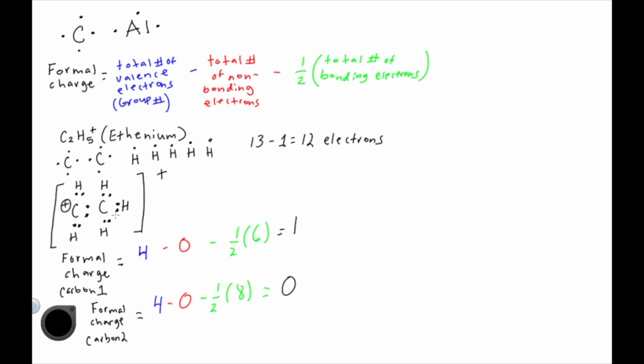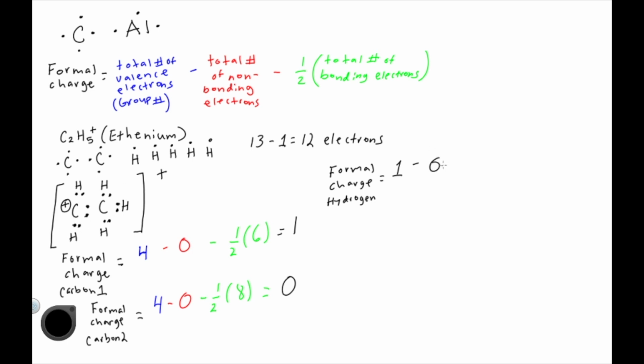So if we use the formal charge equation, and let's write hydrogen down here, the group number of hydrogen is 1, and then the total number of non-bonding electrons is going to be 0, because all the electrons in hydrogen are involved in some kind of bond, right?